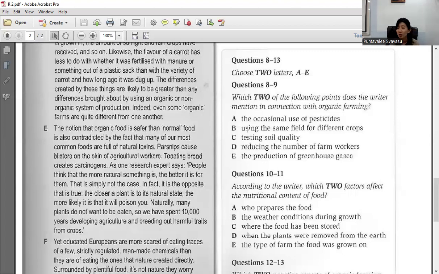For example, you would find occasional use of pesticides and so on. So you could find part of the text for it, but there will be a tricky part that's wrong. If you compare these to true, false, not given, the correct choice would be true, and the rest might be false or not given.